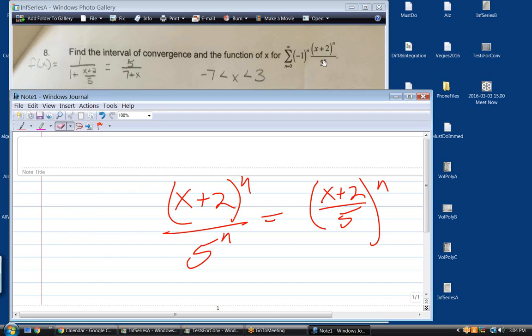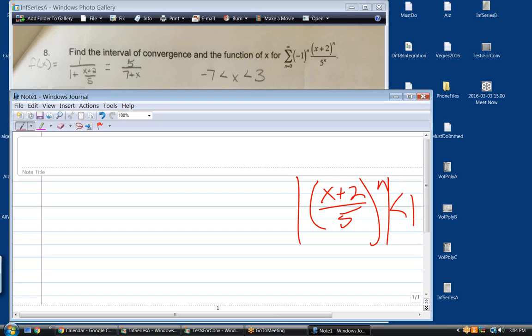And this one is that way also. What we want to do is let this quantity on the right side, the absolute value of that, be less than 1. It's only the function; I don't need the n there.